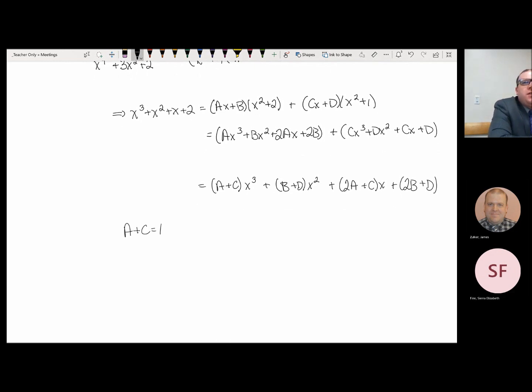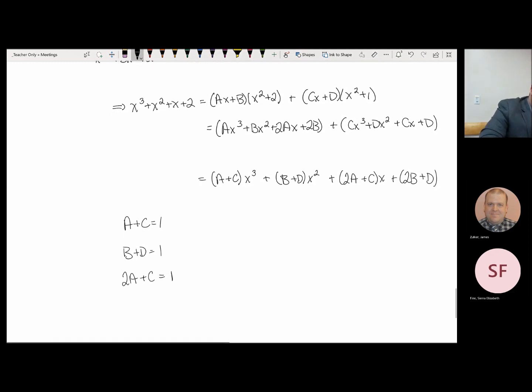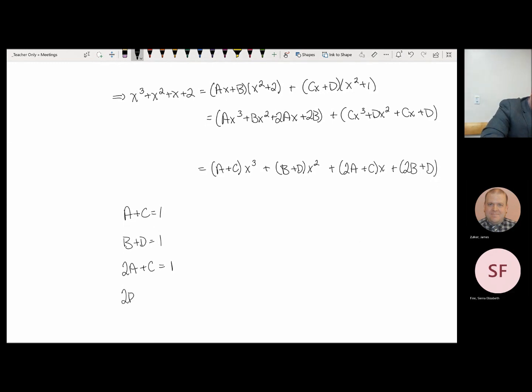A plus C has to be 1. B plus D has to be 1. 2A plus C has to be 1. 2B plus D has to be 2. So we see A makes no difference, so it has to be 0.